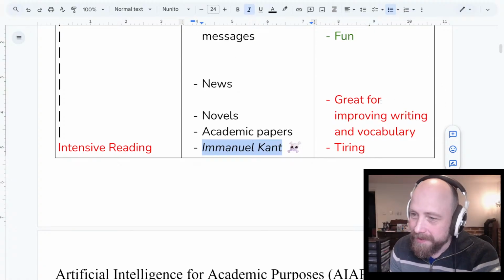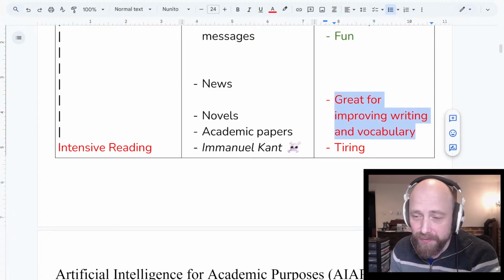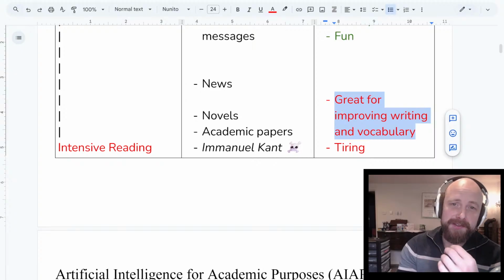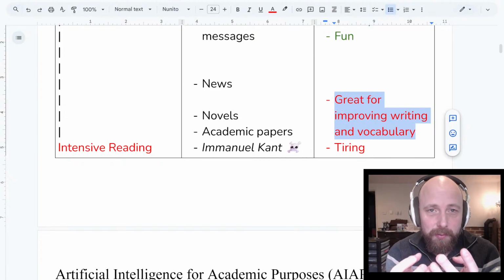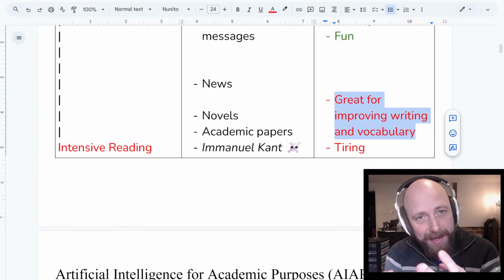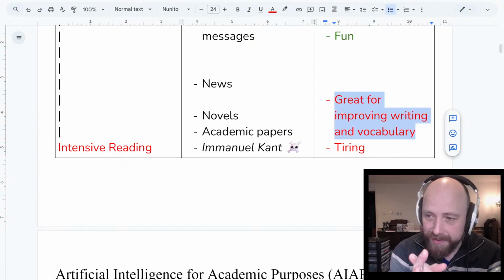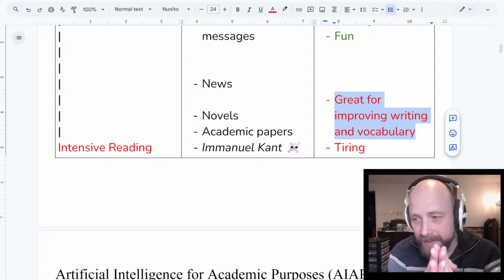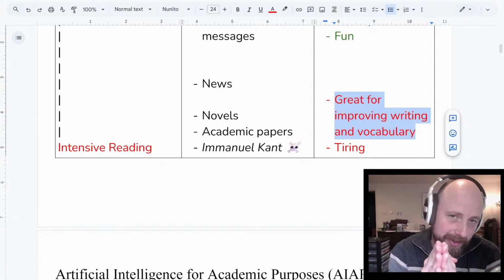So, key characteristics of intensive reading: it's great for improving writing, because you often start to write in the way that you've read intensively. So it's great for improving your writing and also vocabulary.